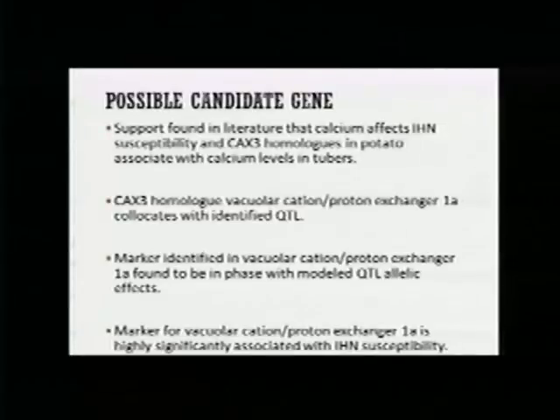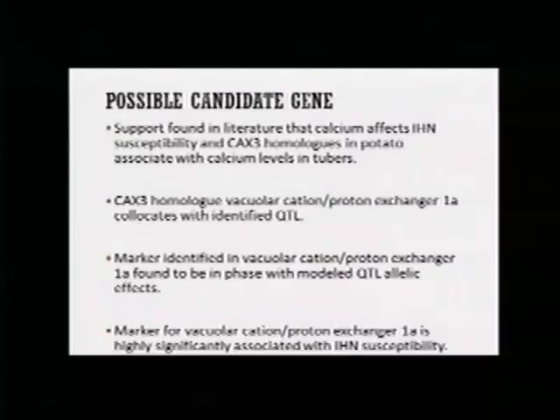We found that the CAX3 homolog co-locates with our identified QTL in the study, and so that is in phase with our best fit model that we found in the study for that particular QTL. And that marker is highly associated in this study with IHN susceptibility. So more work would need to be done, but it's definitely a direction to move forward.